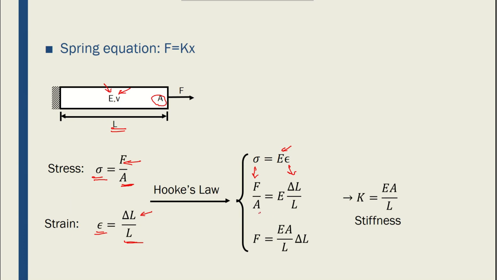Then if I take the A to the other side and combine EA over L like this, I can write F is equal to EA over L times delta L. Here, F is the force, and delta L could be my new x, and as a result, the stiffness of the bar would be EA over L. So the stiffness of the bar is equal to E, Young's modulus, times A, cross-section area, over L.